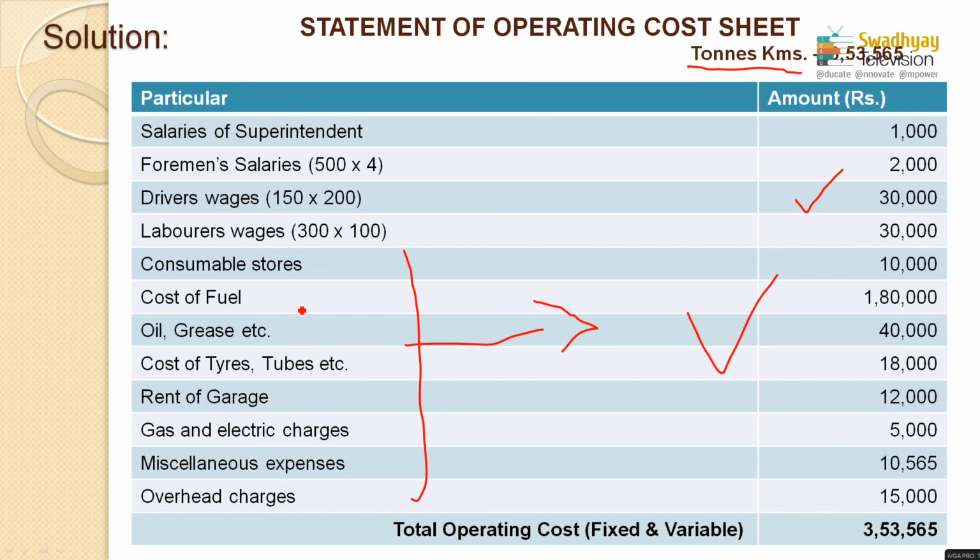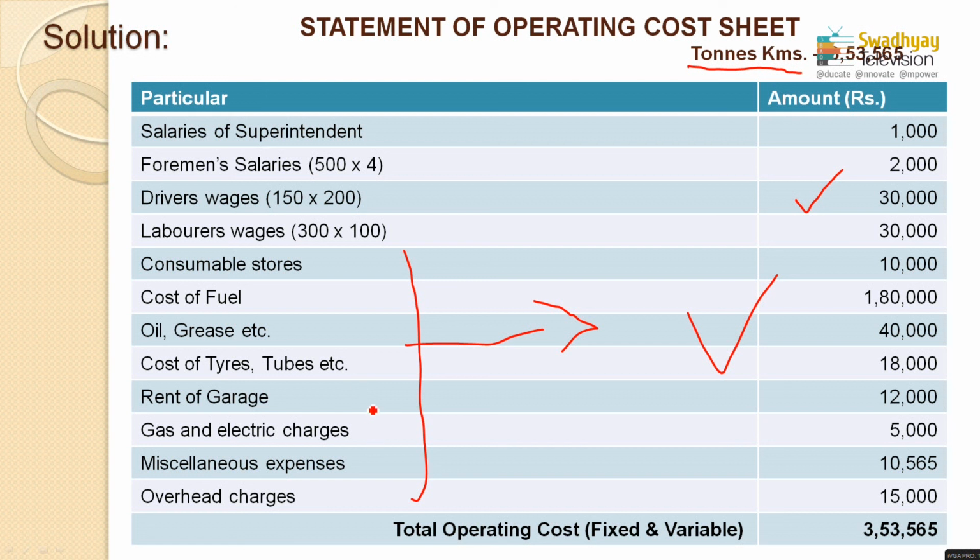Cost of fuel, it's a variable expense. Perhaps it is given as a total amount, but it is a variable expense because fuel is always considered on the basis of the running per vehicle. Oil and grease is also a variable expense because it is also calculated on the basis of running per vehicle. Cost of tires and tubes is also a variable expense, which is to be calculated on the basis of vehicle running.